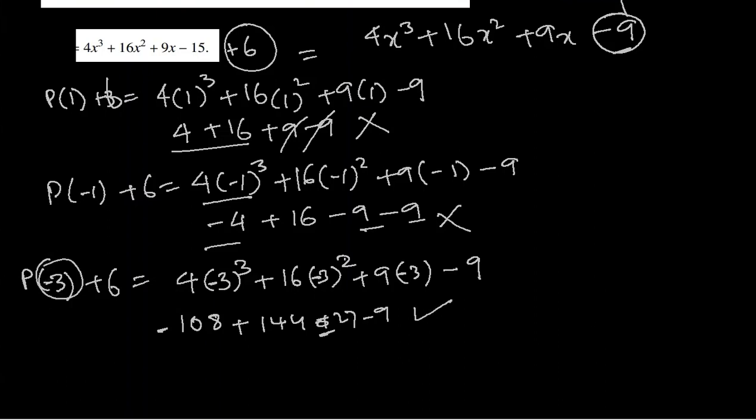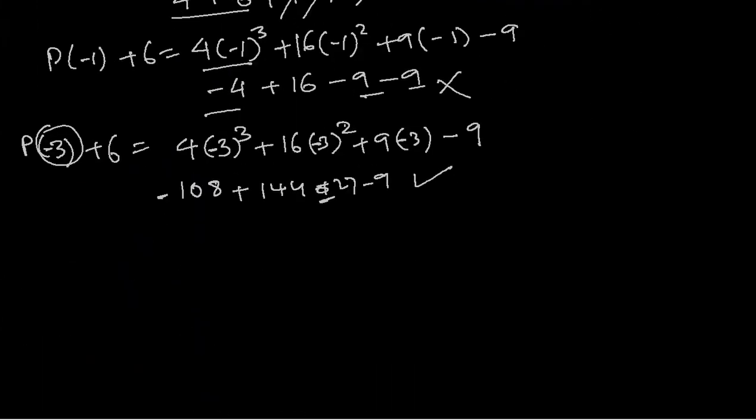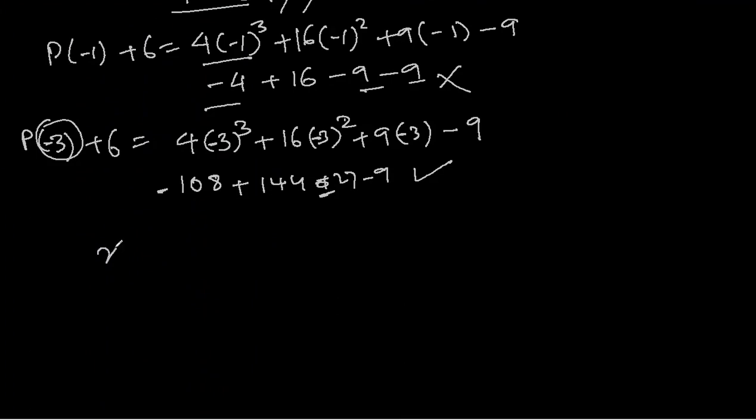So minus 3 is one of the factors of this particular one. So let's write x plus 3. If minus 3 is a root or 0, we make it a factor by changing the sign of the 3, x plus 3. The logic is, we know x equal to minus 3 is the root.